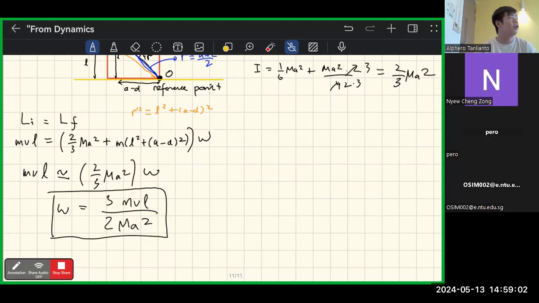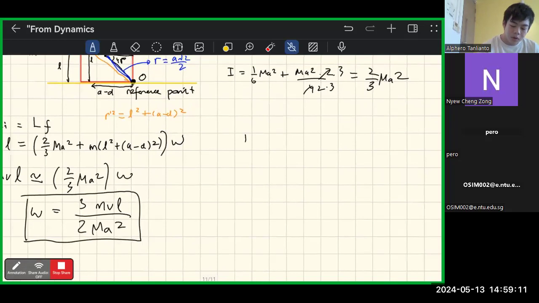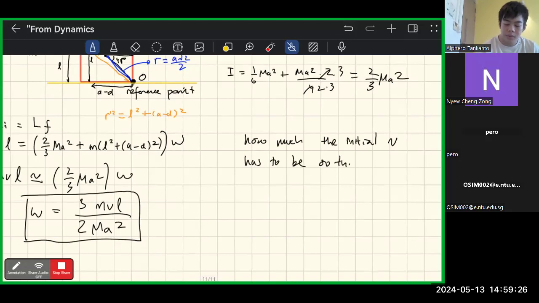The question was asking how much the initial velocity v has to be so that the block can turn... No, it's not a full turn.